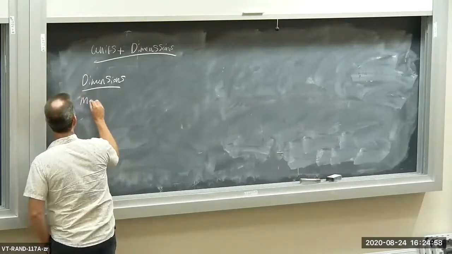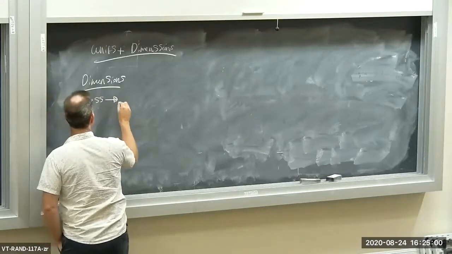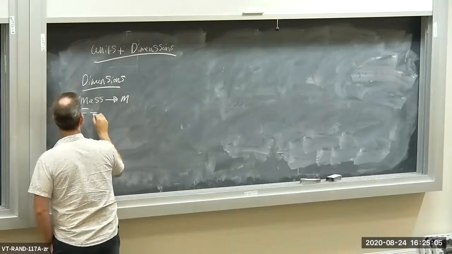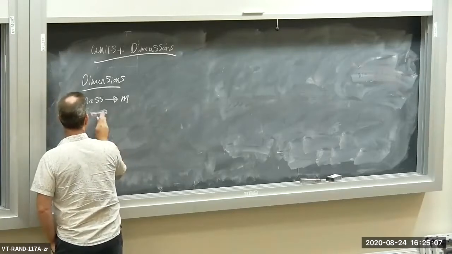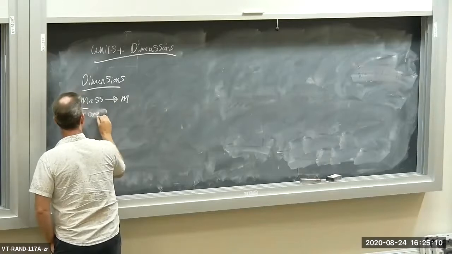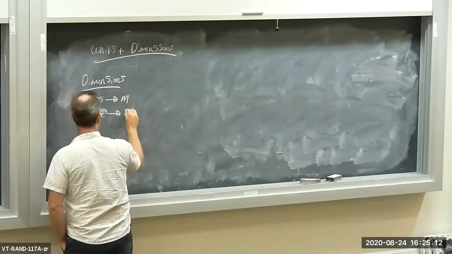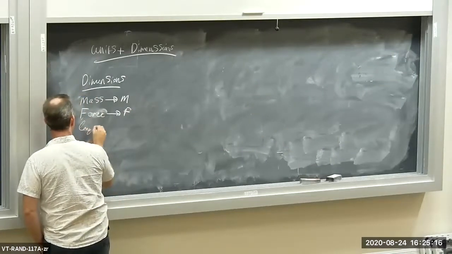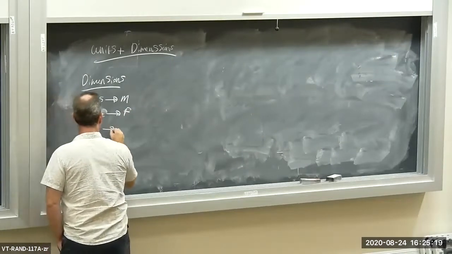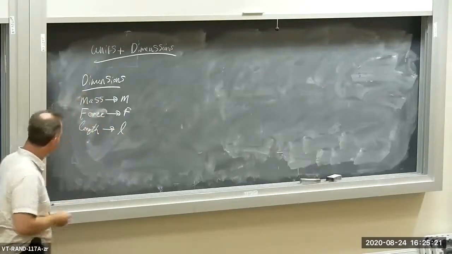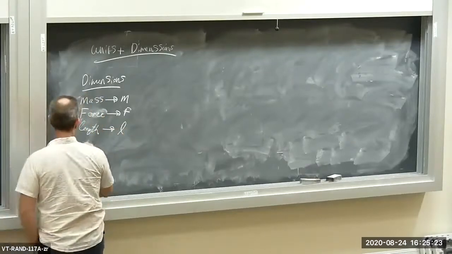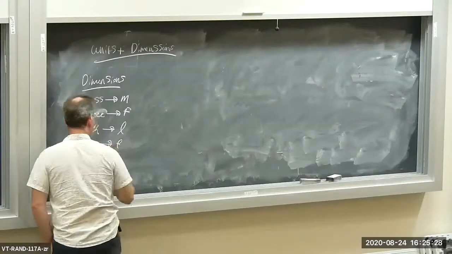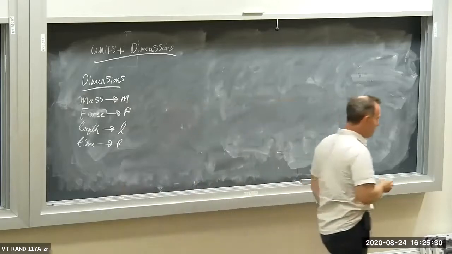Mass, I'm going to signify with an M. Force, I'm going to signify with an F. Length, I'm going to signify with an L. And time, I'm going to signify with a T. So those are the various dimensions.